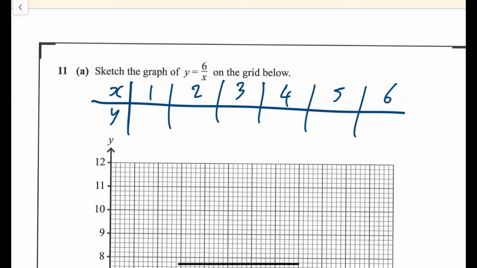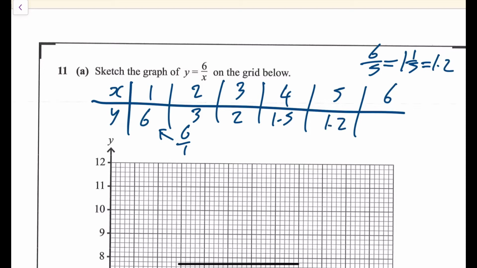So how I get this first y value, it's 6 divided by 1, so it's just 6. The next one is 6 divided by 2, so 3. 6 divided by 3, 2. 6 divided by 4, which would be 1.5. 6 divided by 5, so think about what that is. 6 over 5 is just 1 1/5, which is 1.2, and 6 divided by 6 would give me 1.